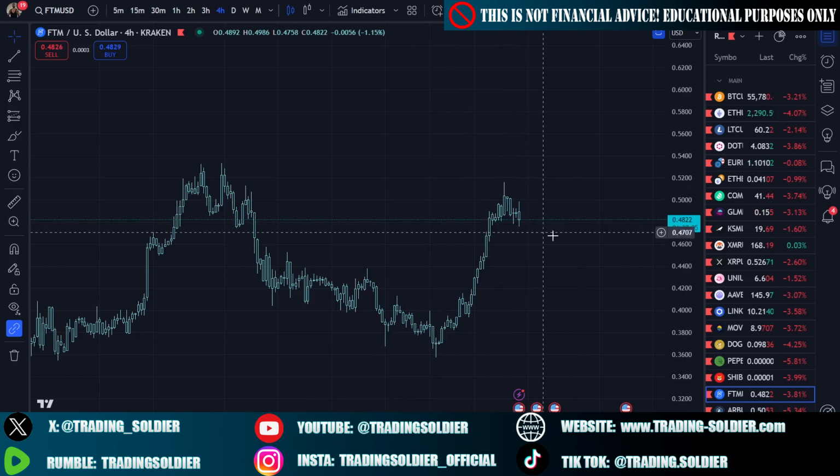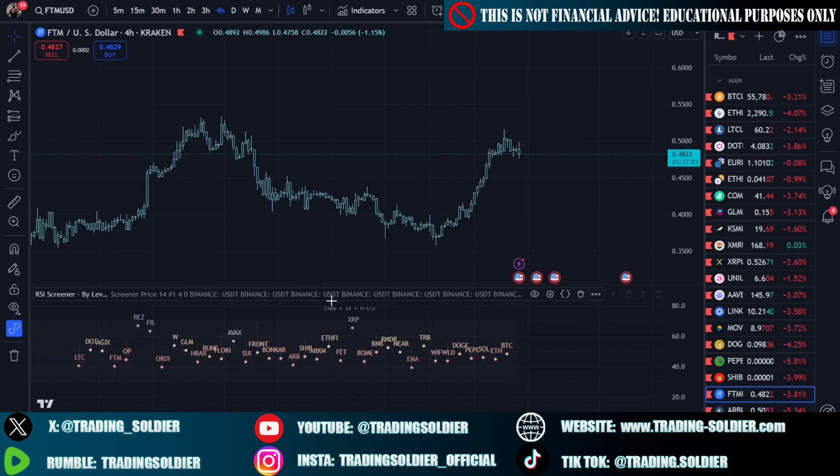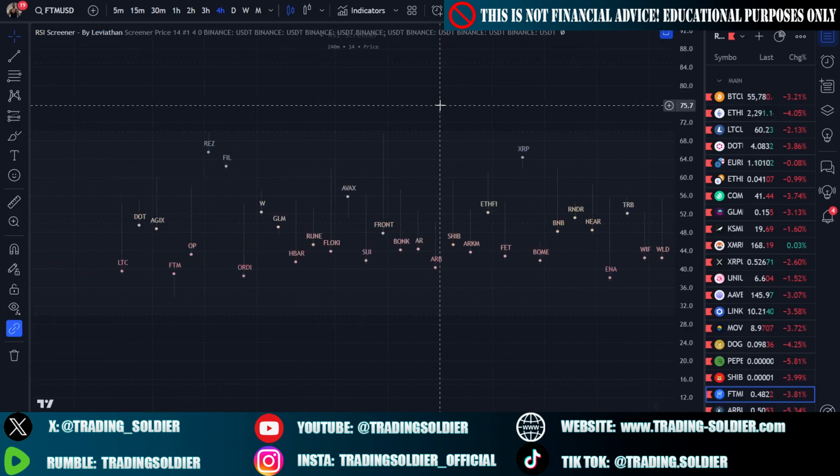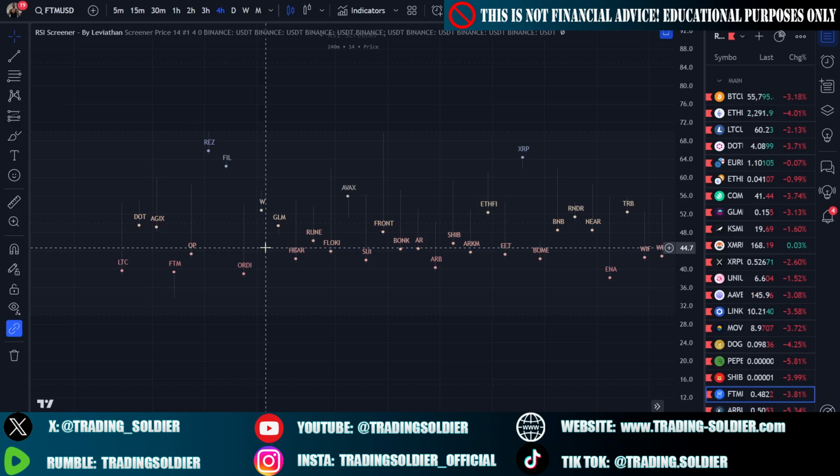So we need to analyze the screener. The RSI screener just gives us potentially oversold and potentially overbought altcoins or tokens that we can watch before looking at the chart and the price action, and then decide if we want to enter long or short.